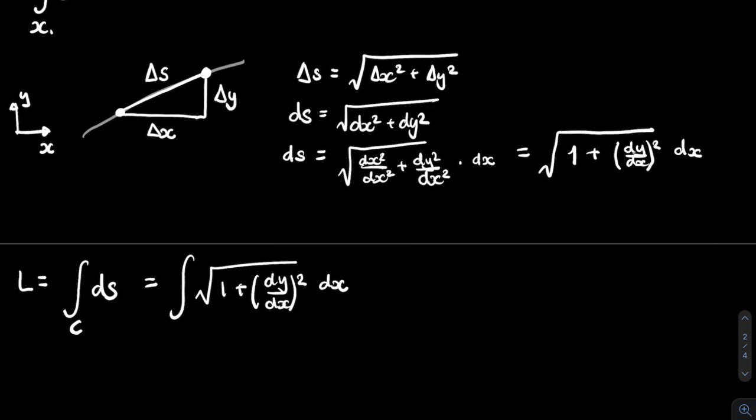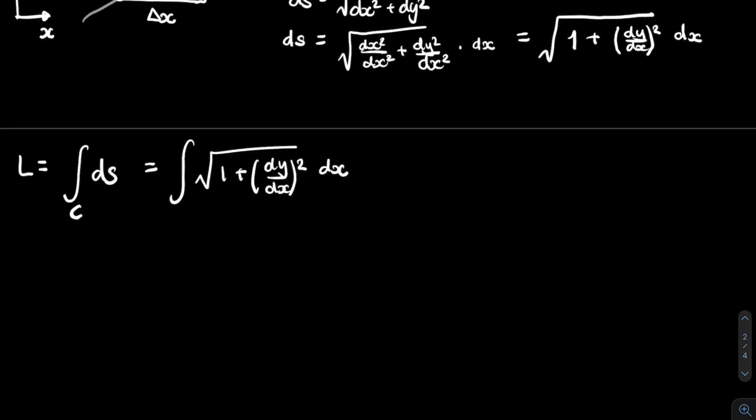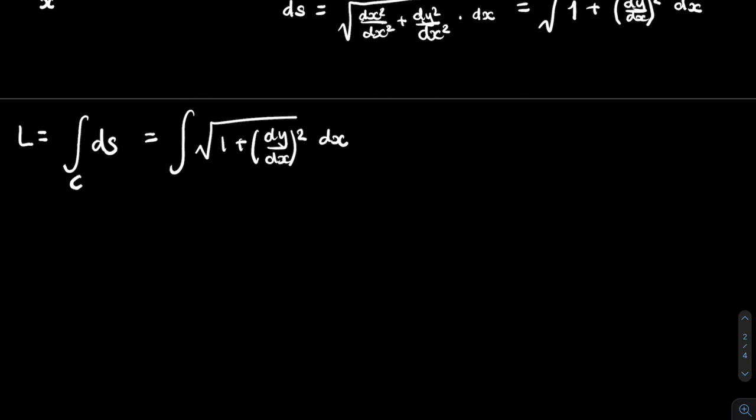But what about the mass? Well, mass is no real difference really. The total mass of the wire is going to be the mass per unit length, which of course we said was m(x,y), multiplied by the length. Of course, it's not that simple because the mass per unit length changes as a function of x and y, and so that means it has to be integrated for every small step.